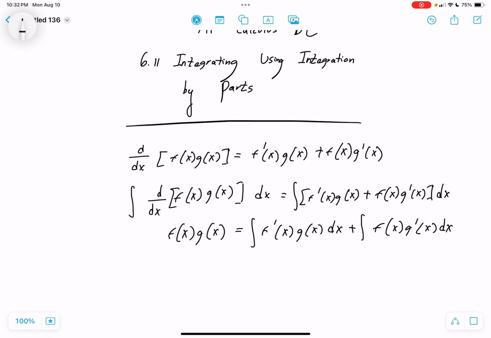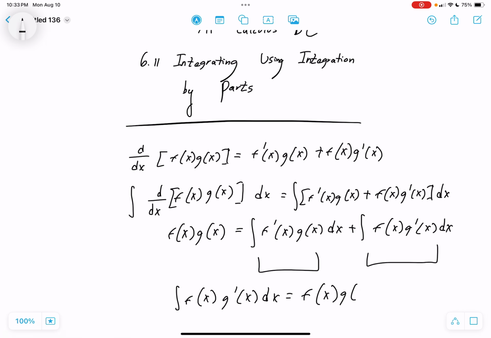So I am going to rearrange the terms and isolate this integral right here, moving it to the left. When I do that, I get the integral of f of x g prime of x dx equals f of x g of x minus the integral of f prime of x g of x dx.